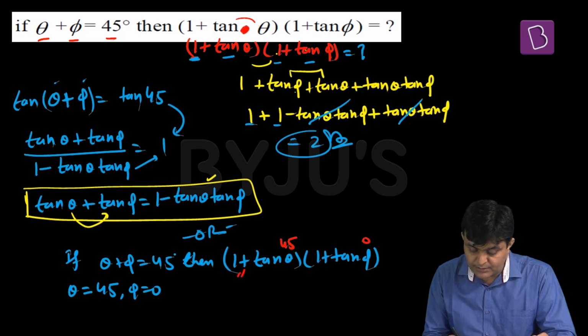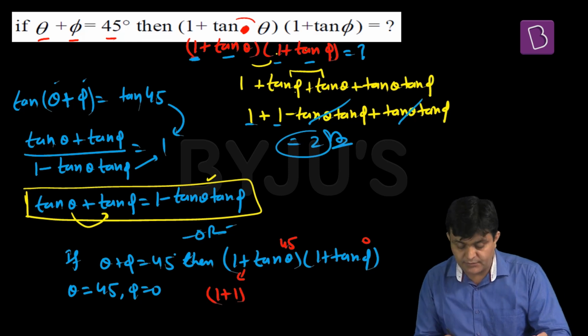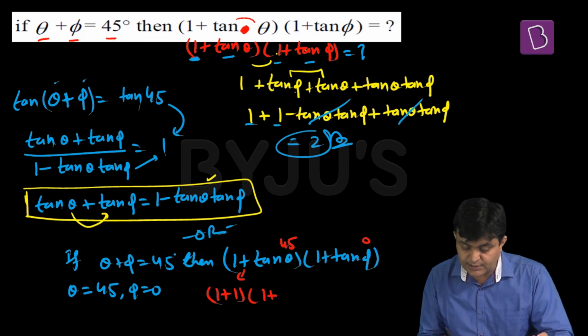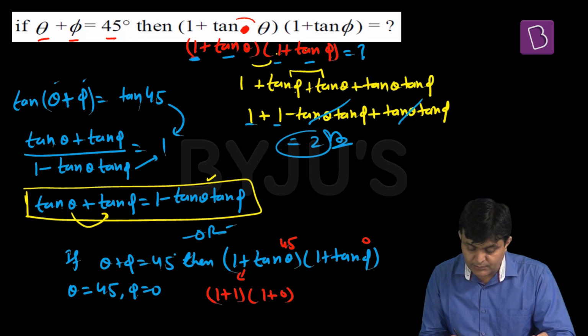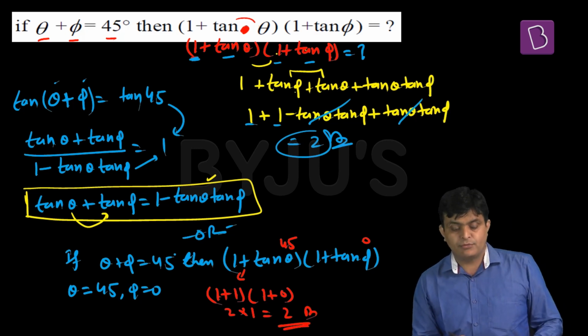So it becomes 1 plus 1 because tan 45 is 1 and bracket 1 plus tan 0 is 0. It becomes 1 plus 1, 2 into 1 plus 0 is 1. So from here answer is again true, right?